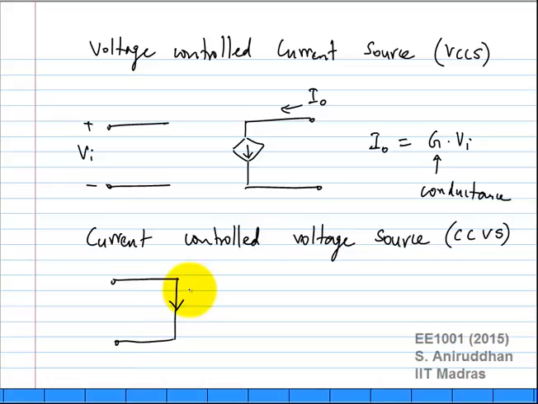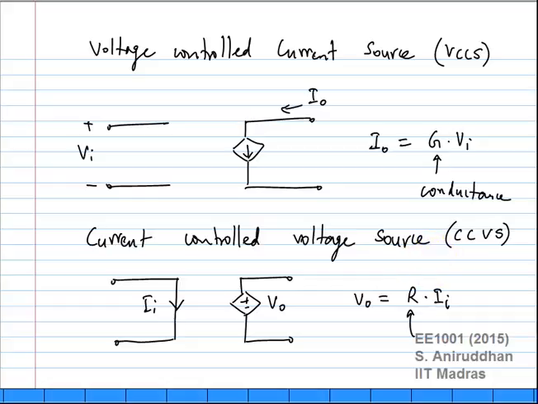In other words, you are going to pick up a wire through which a certain current is flowing, an ideal wire, and use that as the controlling variable, and that is what is shown here. So that is II. This is a current controlled voltage source, VO. VO is some R times II.